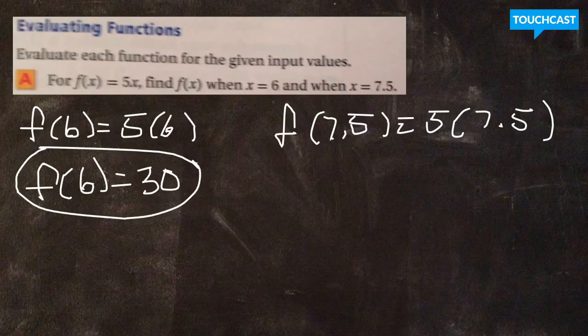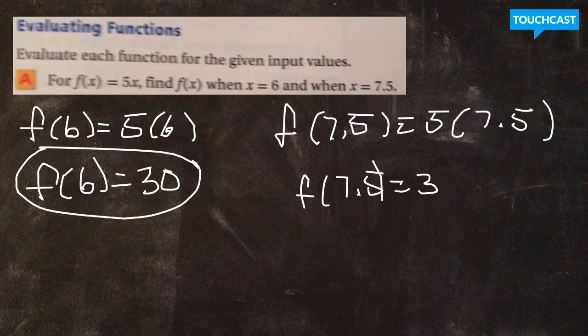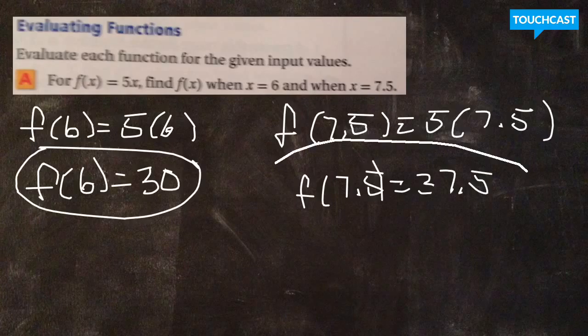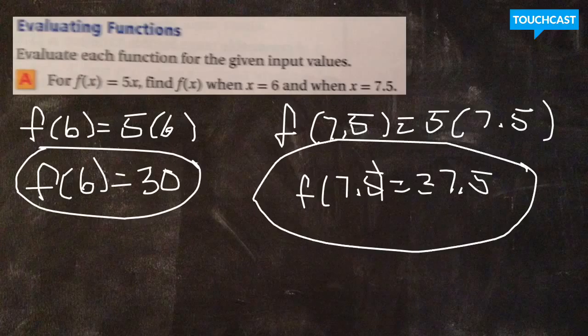Now we might not know what 5 times 7.5 is off the top of our head, but if we do the multiplication, we'll find out that f of 7.5, when f of x equals 5x, is going to equal 37.5. So we found f of 7.5 and f of 6.